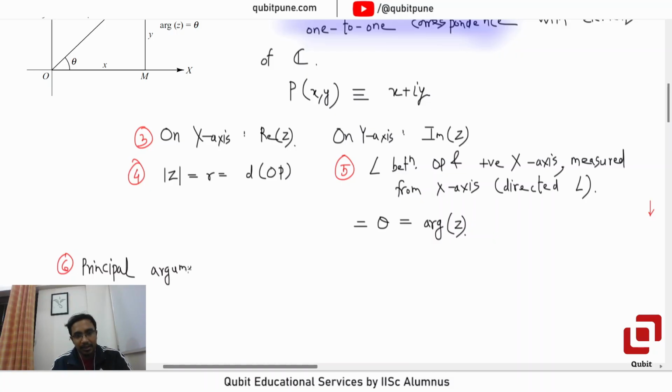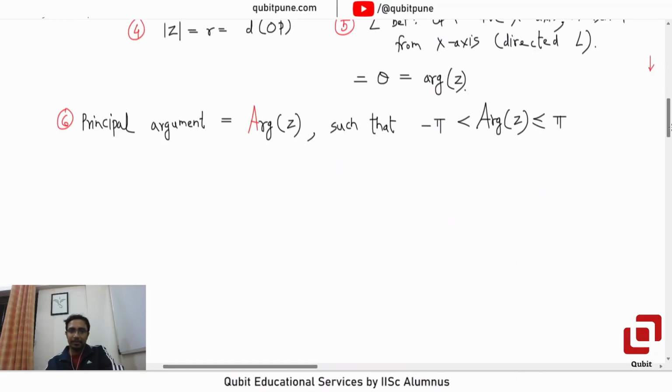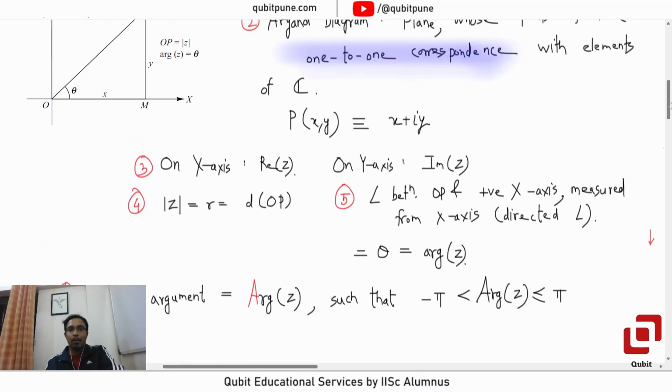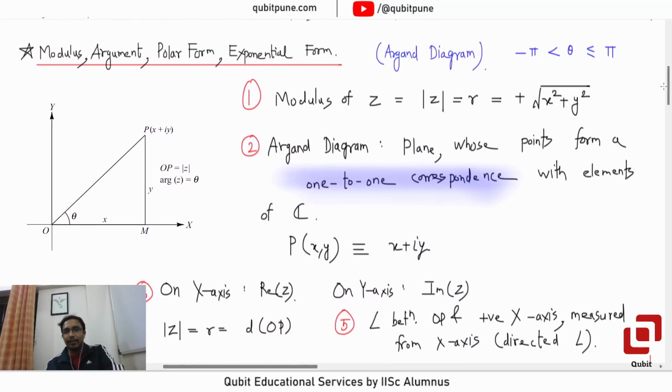We usually denote it by capital A, arg z, such that the argument always lies in the interval open at negative pi and closed at pi. That is called the principal argument. Do you follow this? Is the argument part clear?